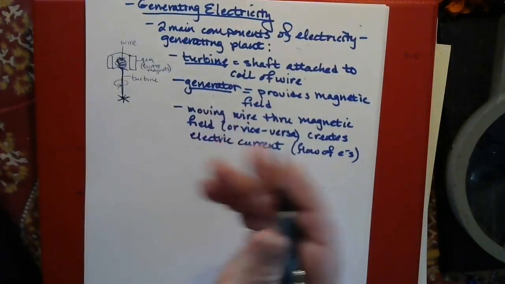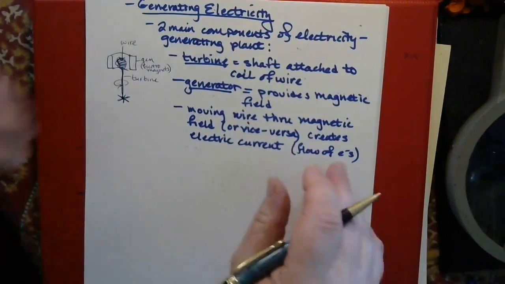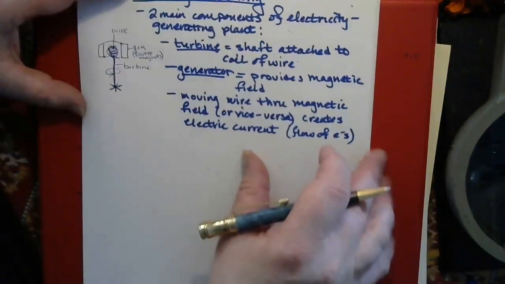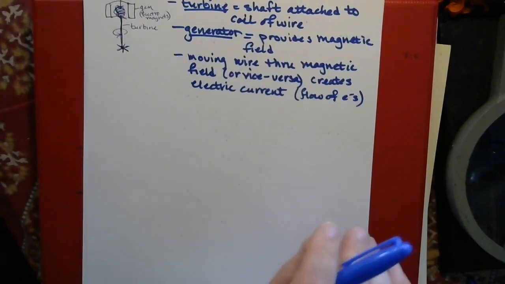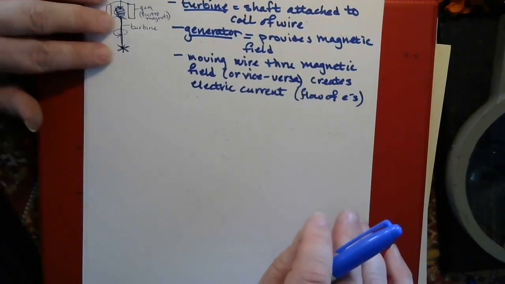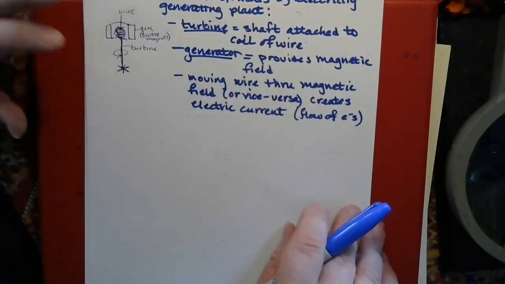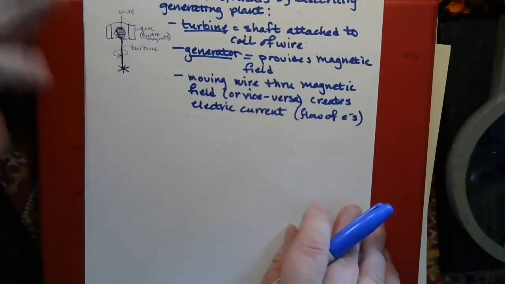And those electrons can then be harnessed to go out through the wires and power the light or the computer or whatever. But that's essentially the idea of how electricity is generated. This is a very simplified view, but actually these are the essential components in just about every electricity generating plant there is. It comes down basically to this.